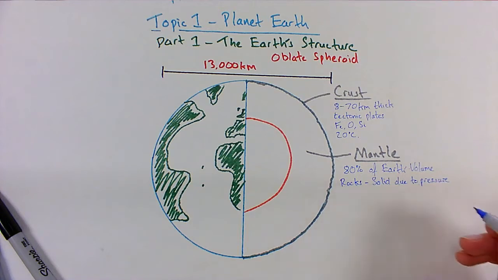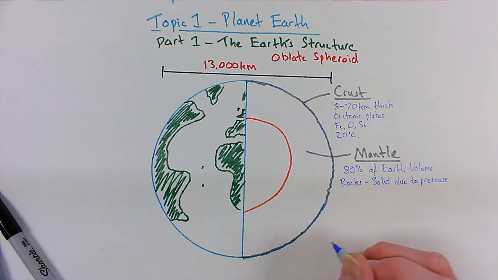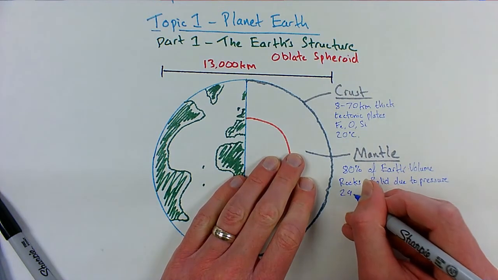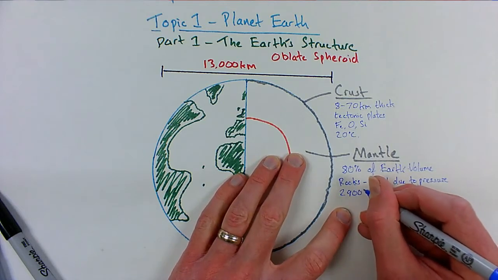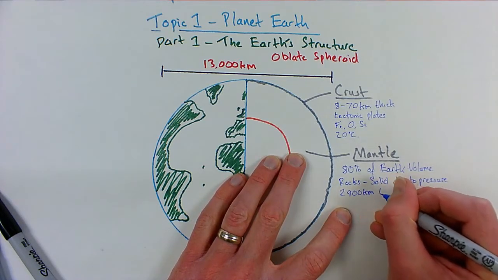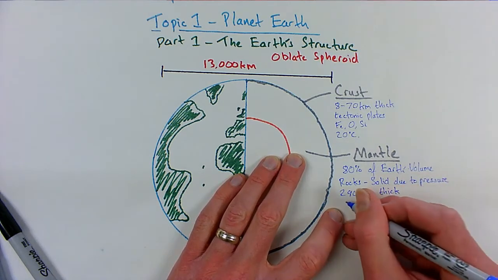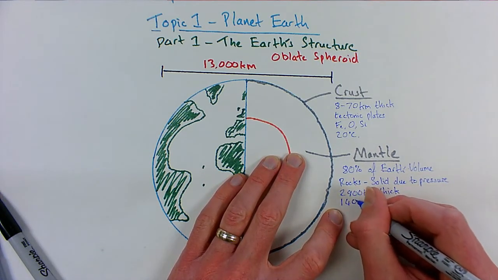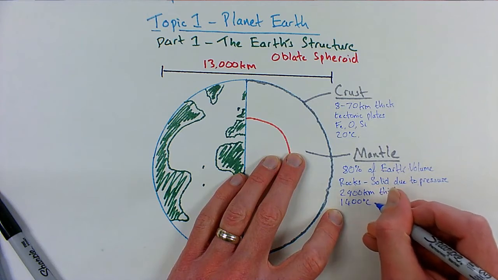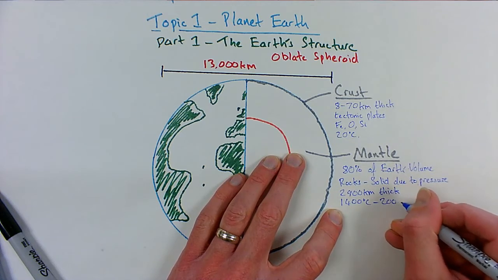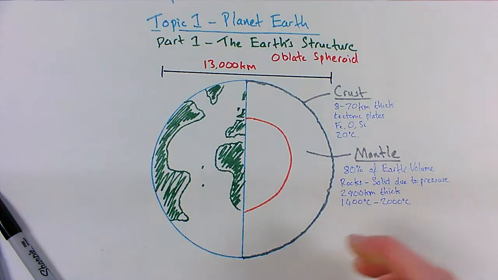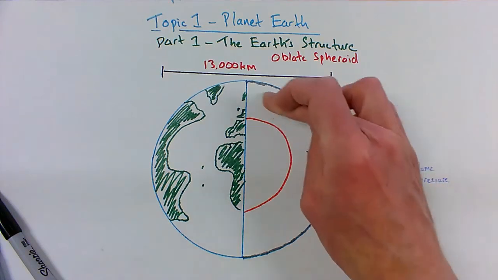It's about 2,900 kilometers thick, and the temperature is about 1,400 degrees to about 2,000 degrees Celsius. So that's our mantle, this area here.